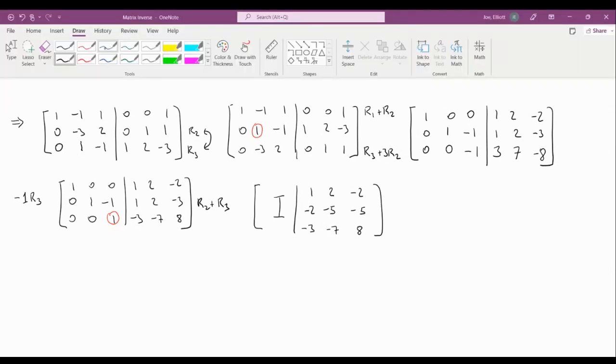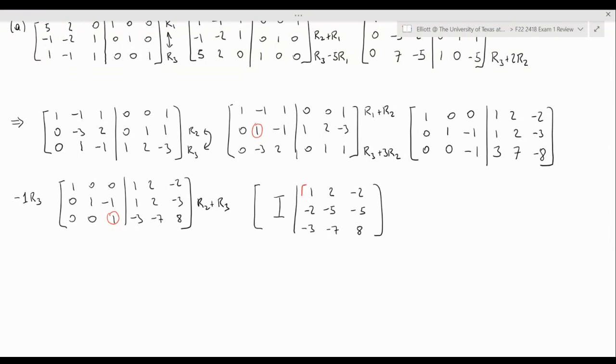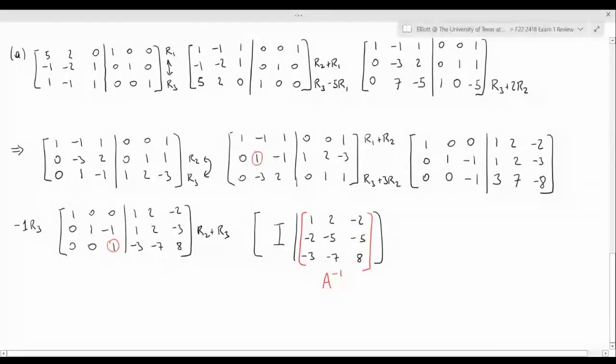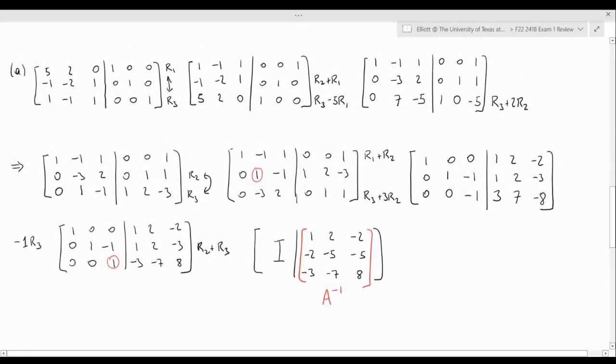All right, so then here is A inverse, okay? Okay, so does anyone have any questions about that procedure? All right, go ahead and ask.